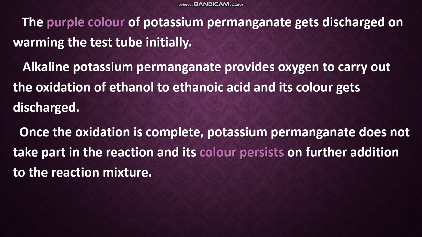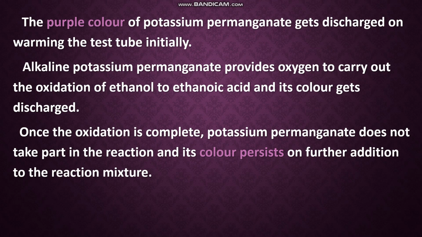You have learnt already that the addition of oxygen to a substance is called oxidation. So what is providing that oxygen? Alkaline potassium permanganate is providing that oxygen to carry out the oxidation of ethanol to ethanoic acid. That's the reason its color disappears.